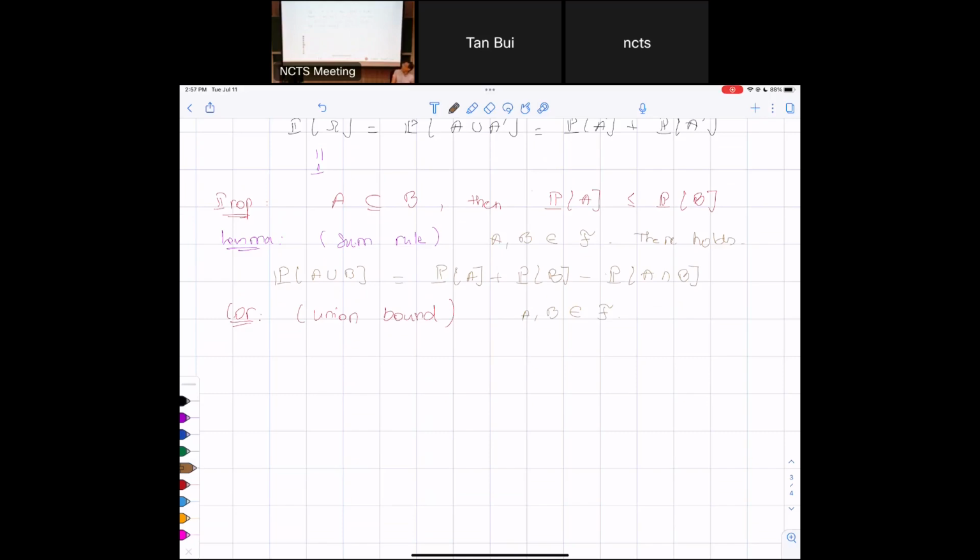Okay, so I think it's good. So this is the union bound, right? The area or the volume of the union, the name is actually very intuitive, is less than or equal to the sum of the volume of each individual.